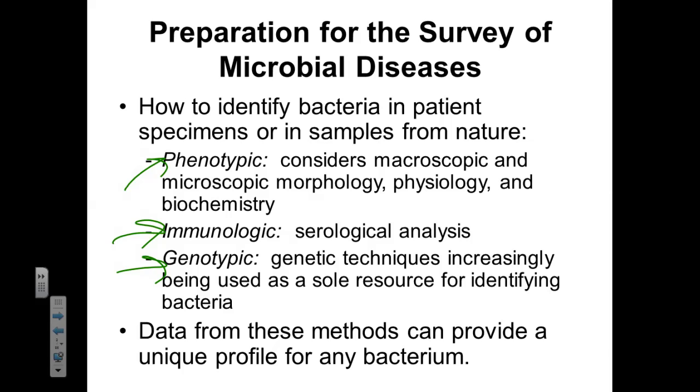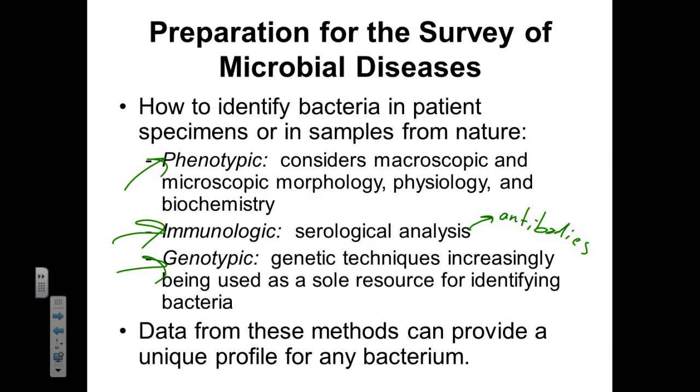Our phenotype consists of the traits that are being expressed. So what's the shape, what's the size, what's the morphology of our microorganisms. Our immunogenic is primarily going to depend on a serological analysis that is dependent on antibodies. And then finally, our genotypic method is going to rely heavily on DNA analysis.